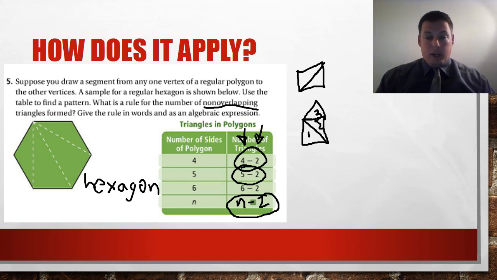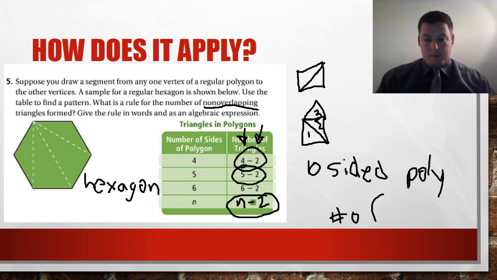So if we were looking at a 10-sided polygon, then the number of triangles would be 10 minus 2, which equals 8.